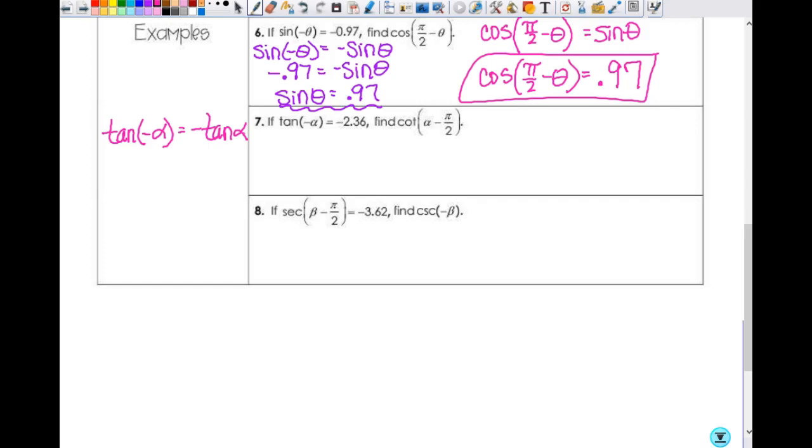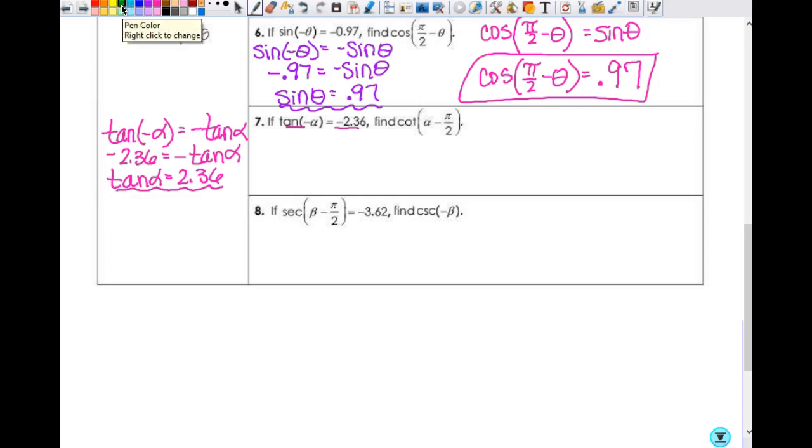But if the problem is using alpha or beta or whatever, just make sure you're doing that as well. Okay, so we have this, which means now I can substitute this in here. So I get negative 2.36 is equal to negative tangent of alpha. That means that tangent of alpha is equal to 2.36. Okay? And I'm going to hang on to that and go figure out what I can do with the other part.